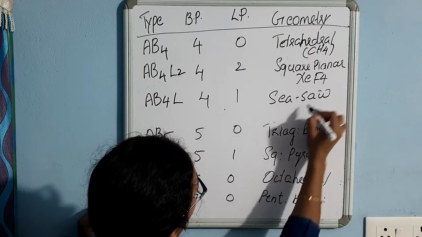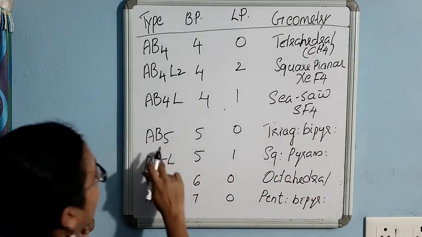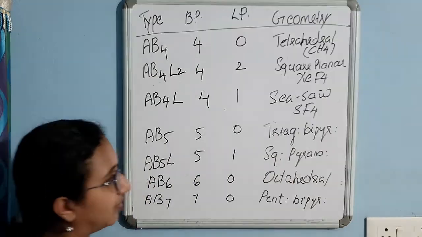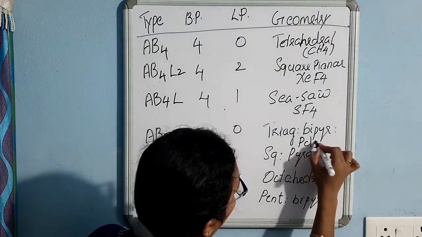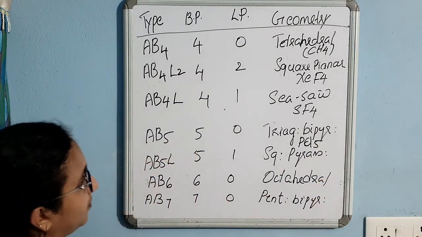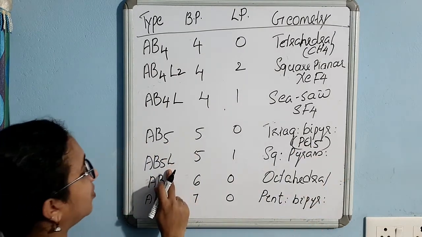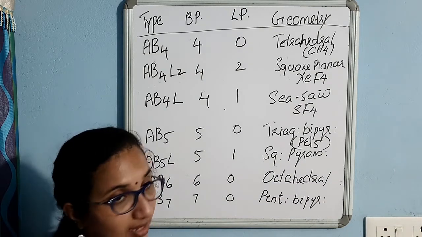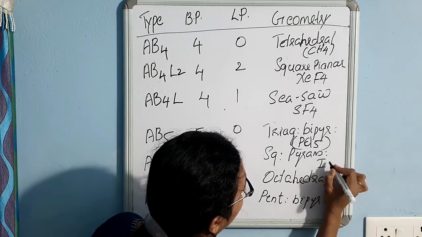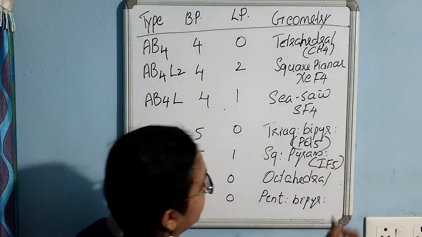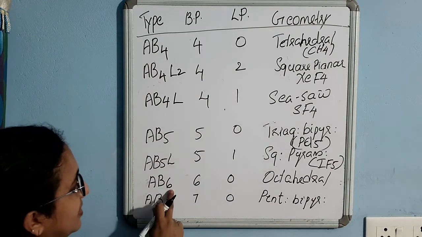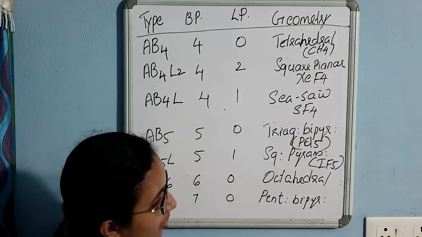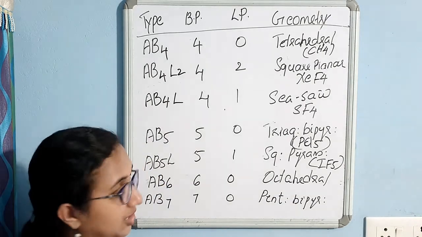seesaw shape, example SF4. Then we have AB5 type, that is 5 bond pairs and no lone pair, trigonal bipyramidal. Example PCl5, phosphorus pentachloride. Then we have 5 bond pairs and 1 lone pair, AB5L type, square pyramidal. We have seen the example IF5. And AB6, that is 6 bond pairs and no lone pair, the geometry is octahedral.